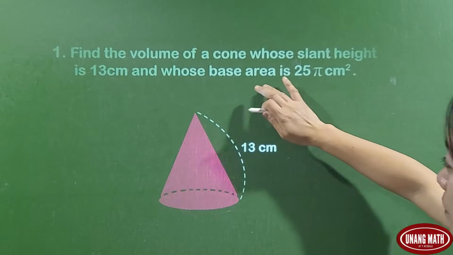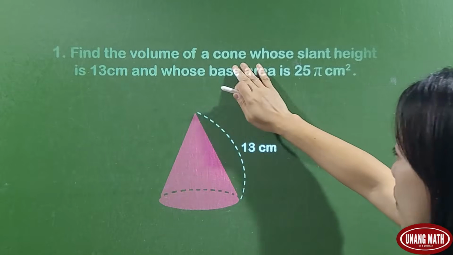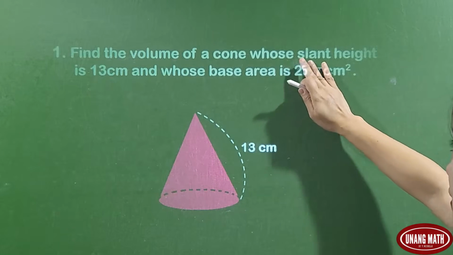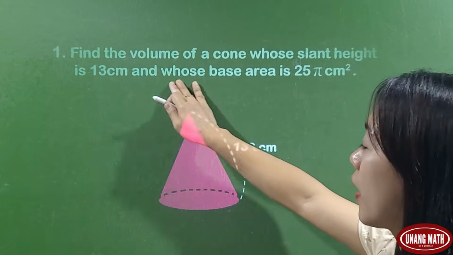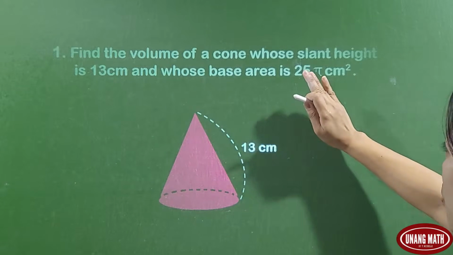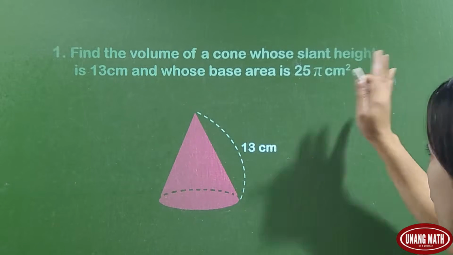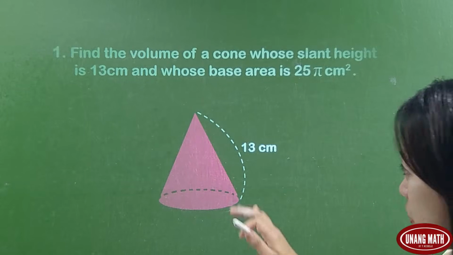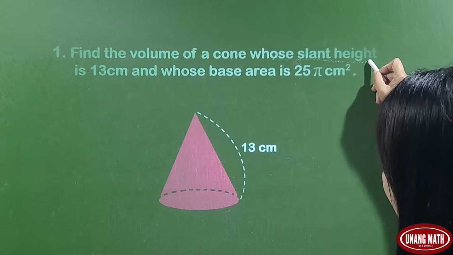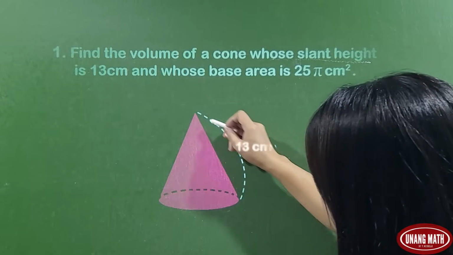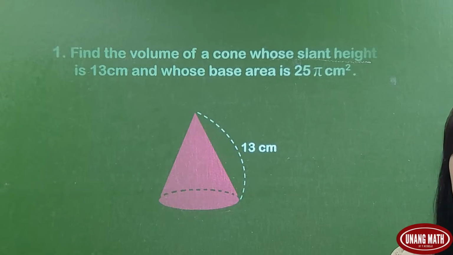According to this, we will find the volume of a cone whose slant height is 13 centimeters and whose base area is 25 pi squared centimeters. So this is our cone. It's given that the slant height is 13 centimeters.